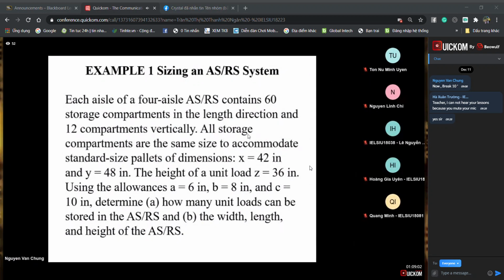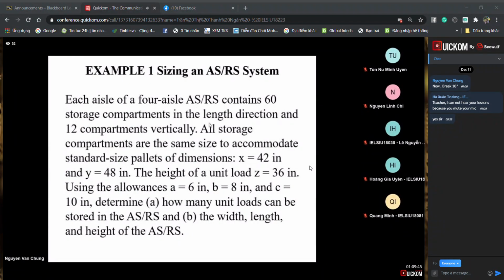The storage compartments all have the same size and accommodate the standard size pallet and the height of the unit load. How many unit loads can be stored in the ASRS? Because each compartment is used for one unit load.